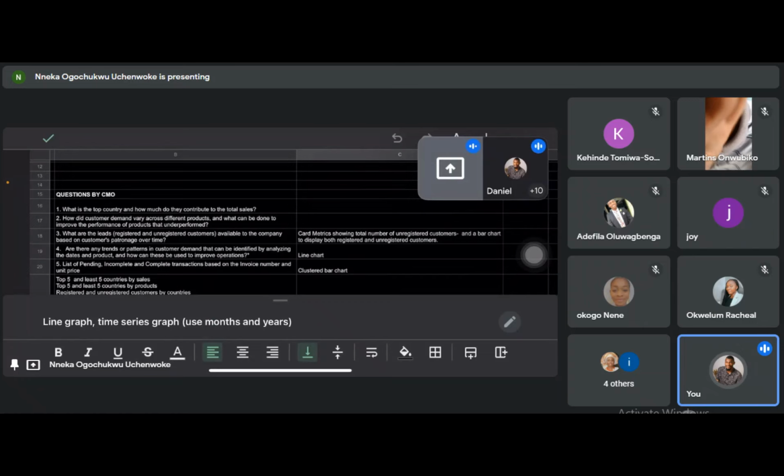Because that's what you want to look at. We have so many products, and remember we did not group these products into categories. So here you might have to bring your assumption into play. But what I will do is use a scatter plot.